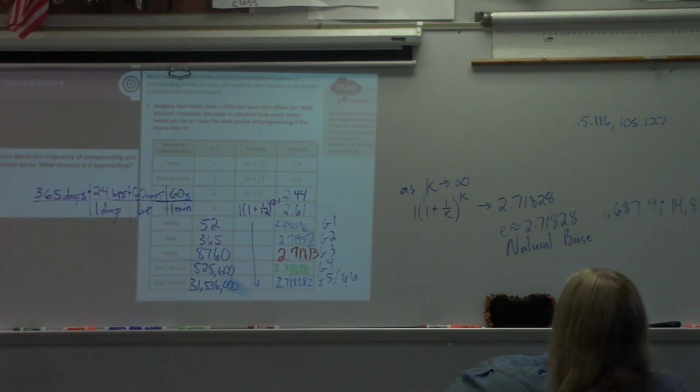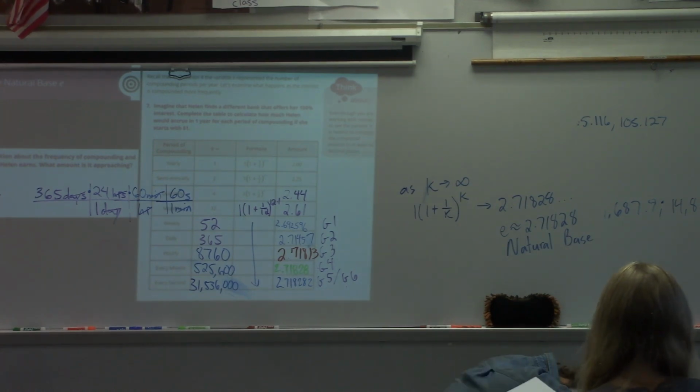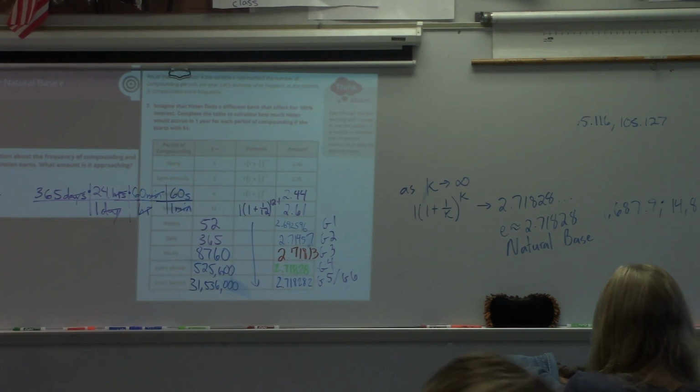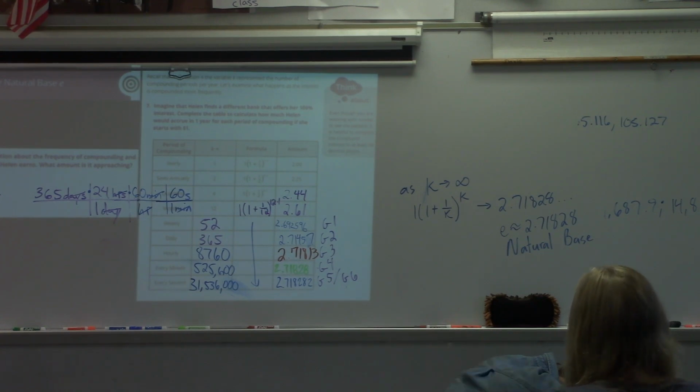If you ever hear about carbon dating, figuring out how old artifacts or dinosaur bones are, it is based on this idea of the natural number E and half-lives of carbon. The number E is known as the natural base because so many mathematical concepts are built on this limiting factor of E, whereas if things are breaking down infinitely quickly, if it has infinite compoundings, we get this limiting factor of E.